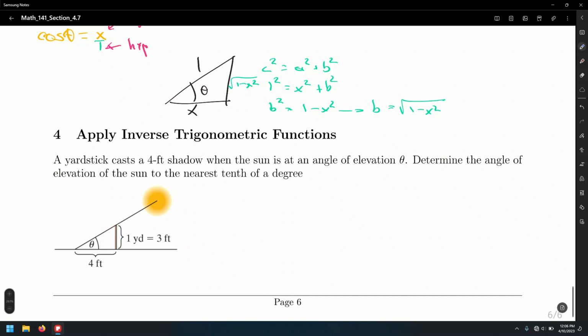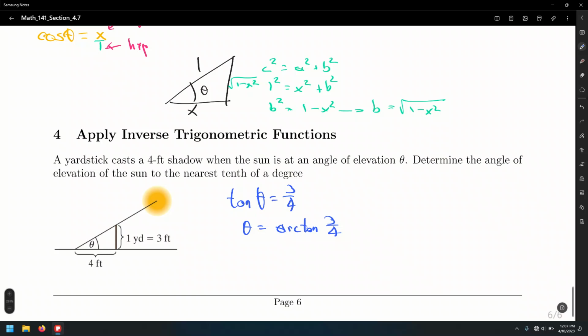Tangent. So how about we go about tangent theta? That's 3 over 4, and theta is simply the inverse tangent, or arctangent, of 3 over 4. Of course, since 3 over 4 is not a number on the unit circle, this would be a circle of a different radius, not the unit circle.